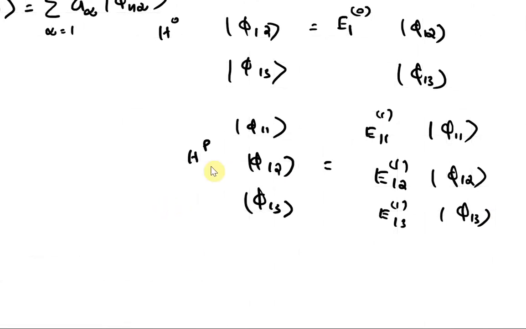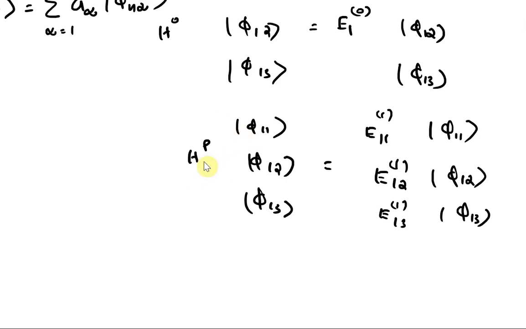The main idea here is the way we find the correction. You know that the first order energy equation is phi n h prime phi n. You are applying the perturbation component on the unperturbed state. That is how you find this lambda power 1 correction.